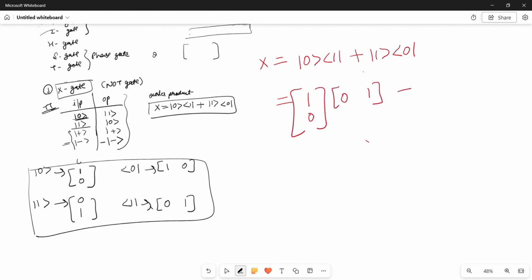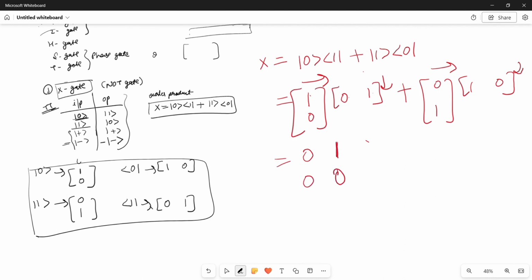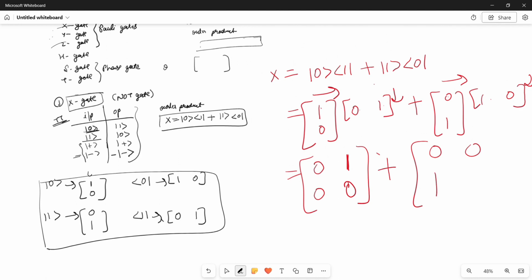Okay, plus ket 0, how we write it as 0 1, and here 1 0. And now your basic matrix multiplication is, you know this. Okay, so 1 into 0 0, 1 into 1 1, 0 into 1 0. So this plus 0 into 0 0, 1 into 1 1, 1 into 0 0.